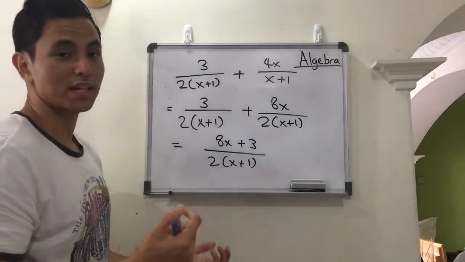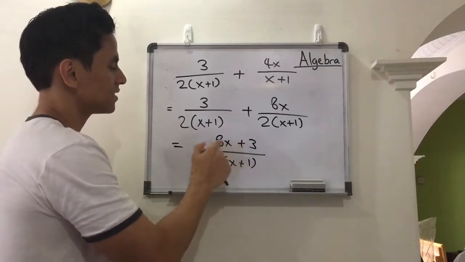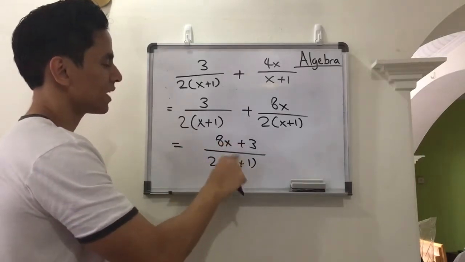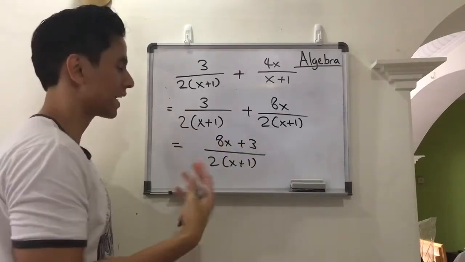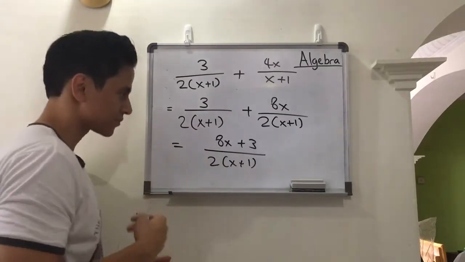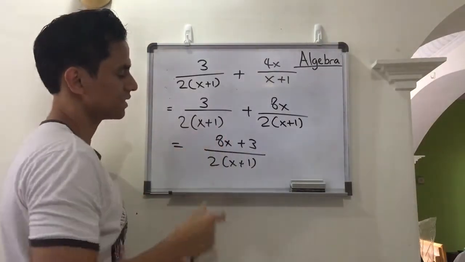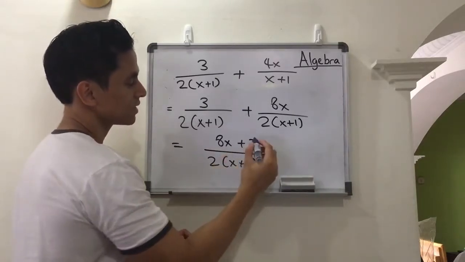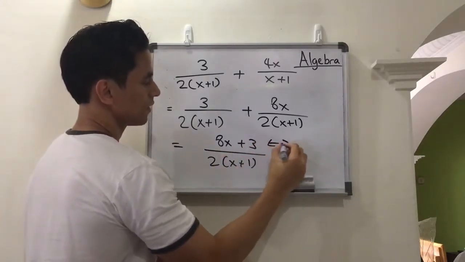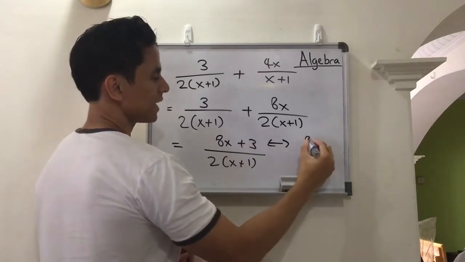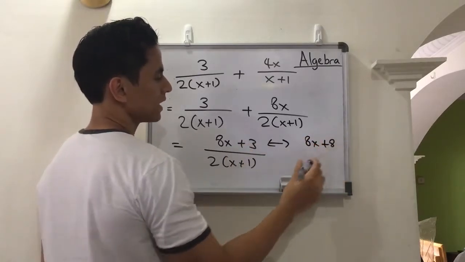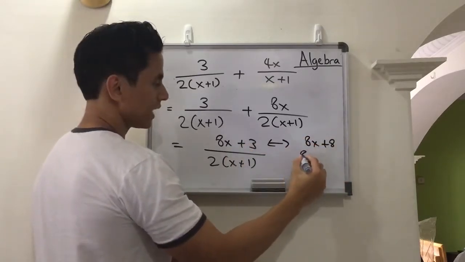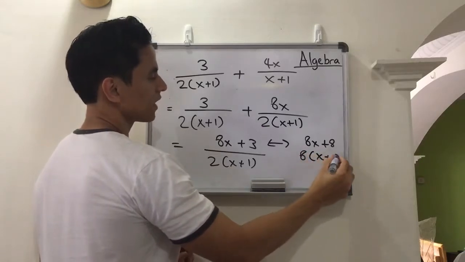Is there any more things I can factorize? Can I factorize this in such a way where I have x plus 1 as the term, as a remainder? I cannot, right? So, this will just be the answer. If for example this was instead of 8x plus 3, it was 8x plus 8, I would be able to factorize out an 8, and this will be just x plus 1, correct?